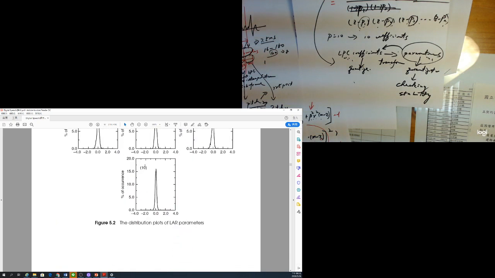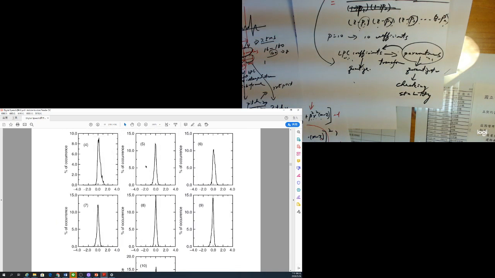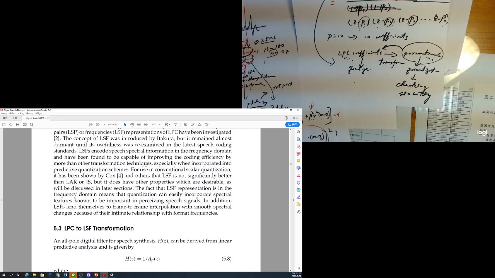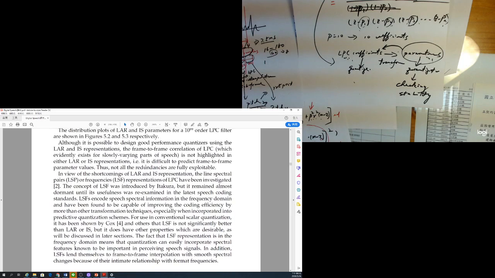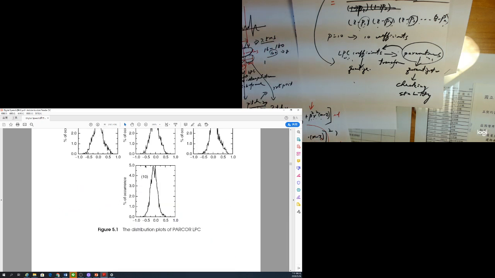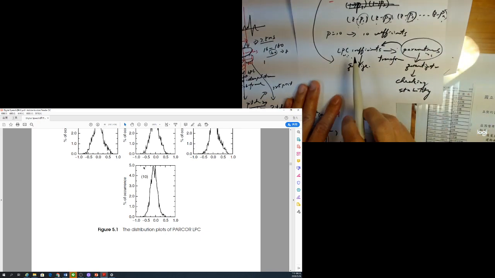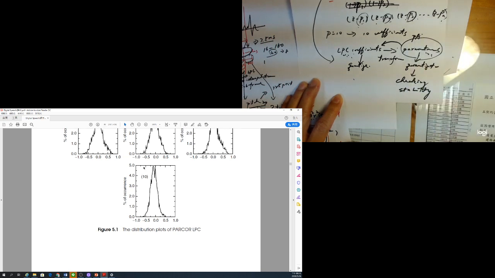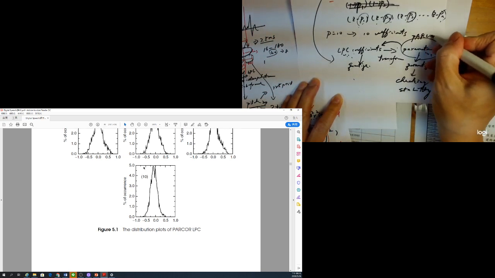So the main idea is that during quantization, we want to know that our transfer function, the all-pole model with short-term prediction, is stable. So we transfer our LPC to the PARCOR coefficient.